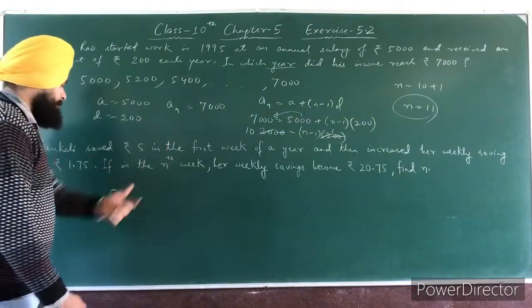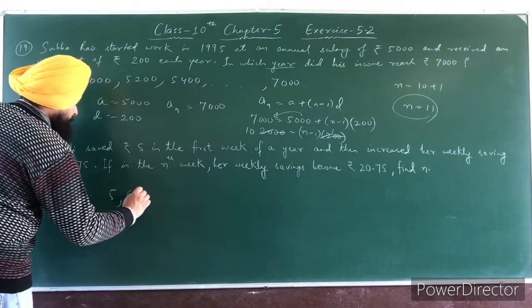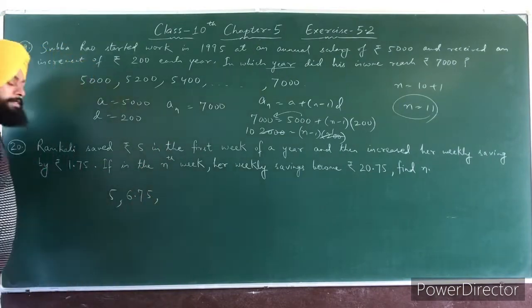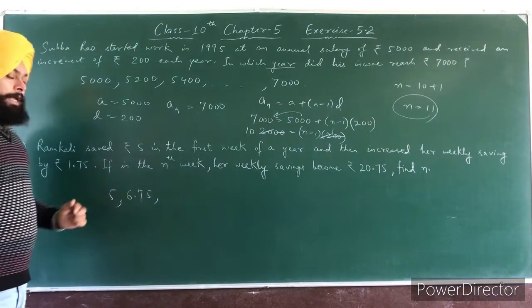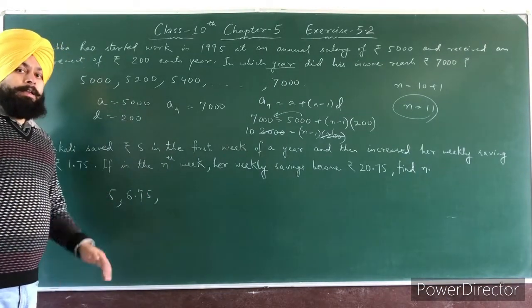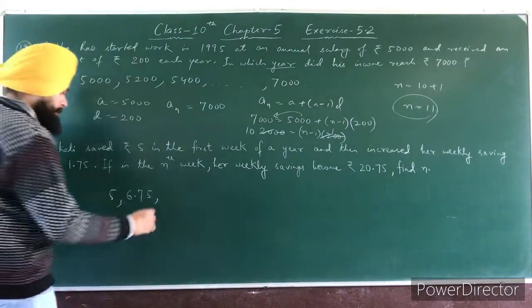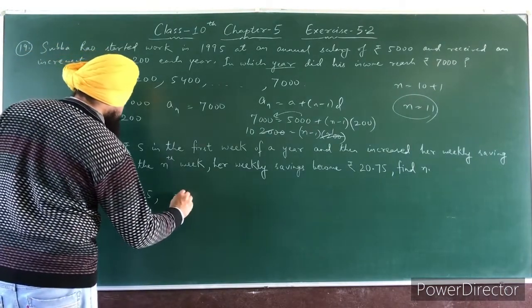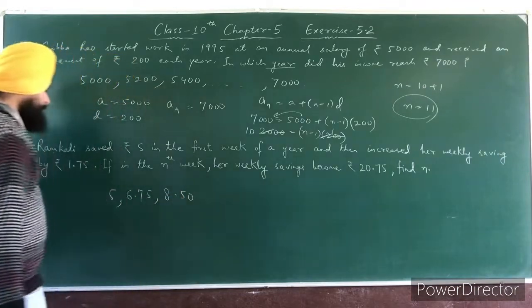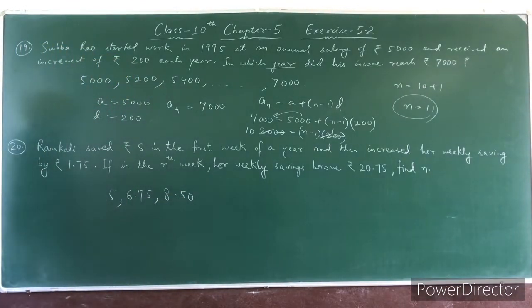It means in the next week she saved how much? Rupees 6.75. Again next week, again saving 1.75 rupees more. So her saving was how much? Rupees 8.50. Clear?